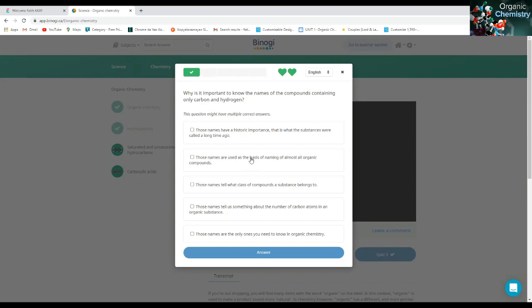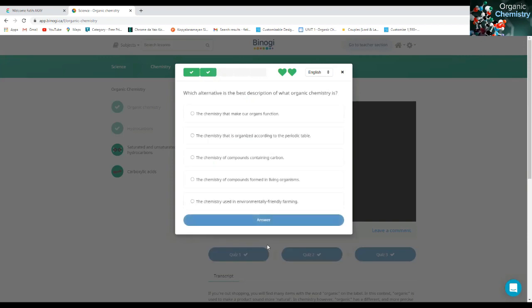Those names are used as the basis of the names of almost all organic compounds. And also these names tell us something about the number of carbon atoms in organic substances. Which alternative is the best description of what organic chemistry is? The chemistry of compounds that contain carbon.